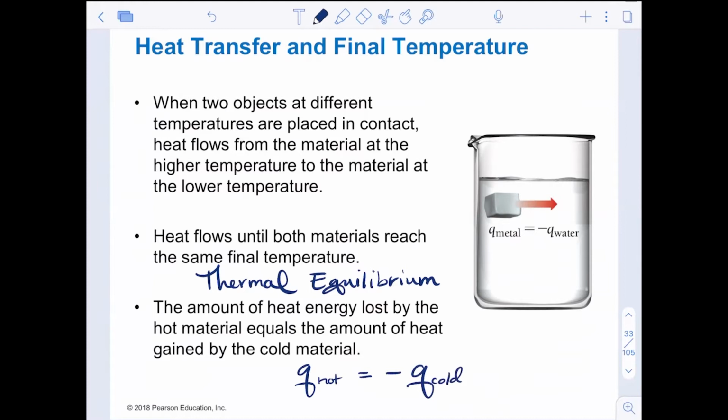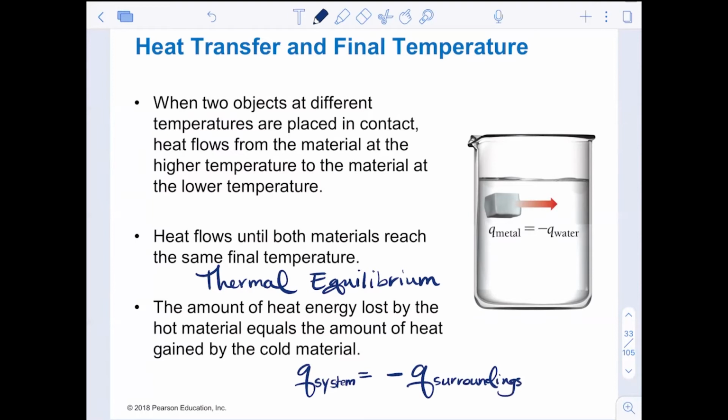The negative sign can be anywhere, as long as one has the negative and one has a positive sign. You can also write system to surroundings here.